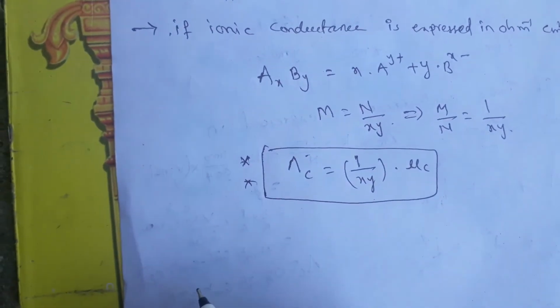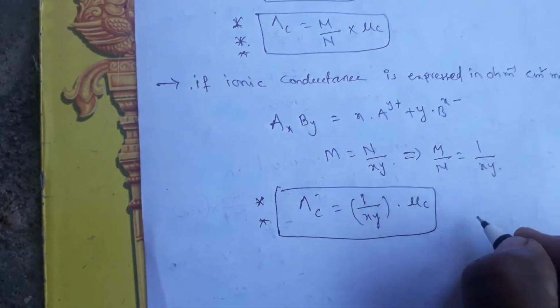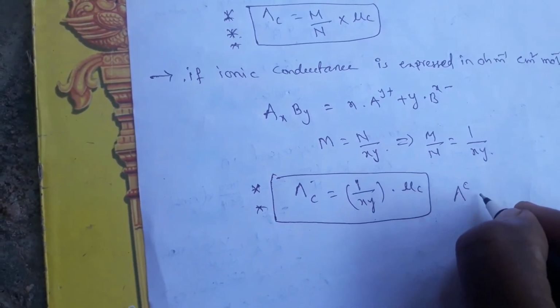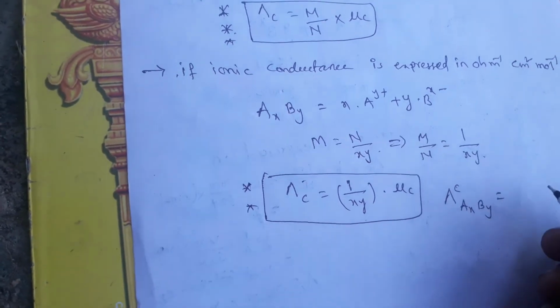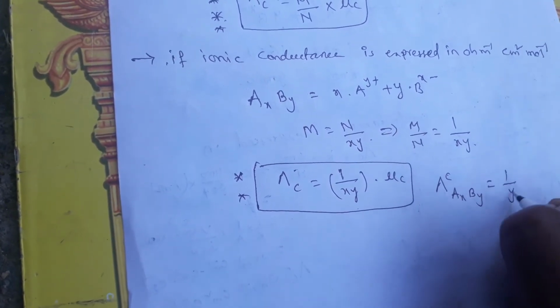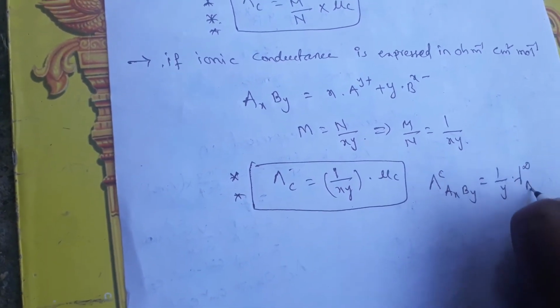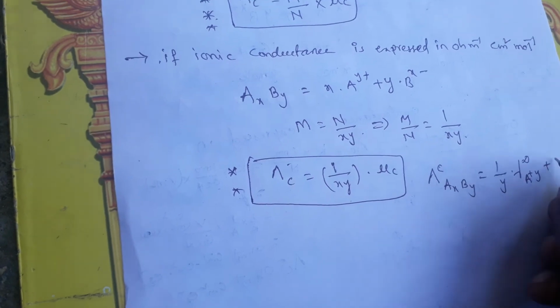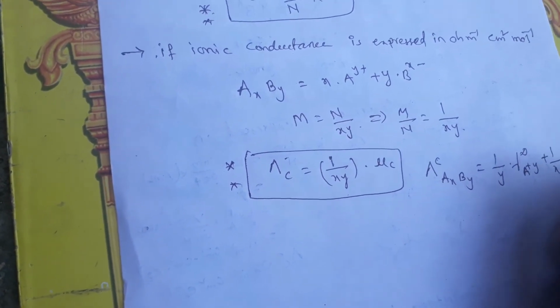If you take any example here, if I write the lambda c, that means the equivalent conductance of AxBy is equal to 1 by y into lambda infinity of A plus, plus 1 by x into lambda infinity of B x minus.